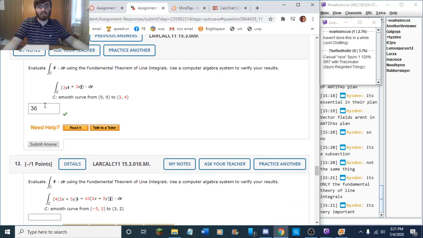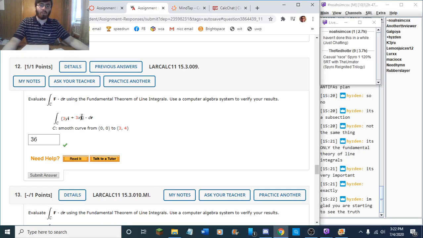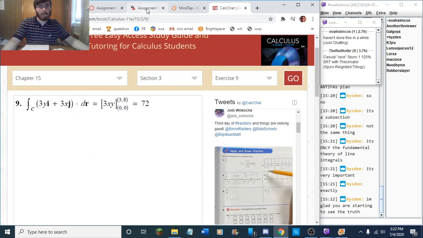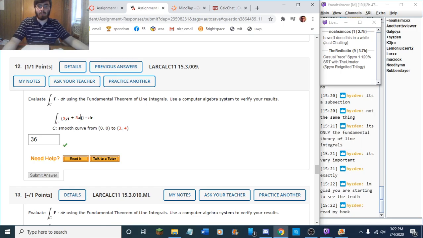And the results I get for 12 through 15 are completely incorrect, unless I follow your method of solving the questions. So let me ask, what is the right way to solve this question? Basically, you integrate this with respect to x, integrate this with respect to y, and then you plug in 0, 0, and 3, 4.